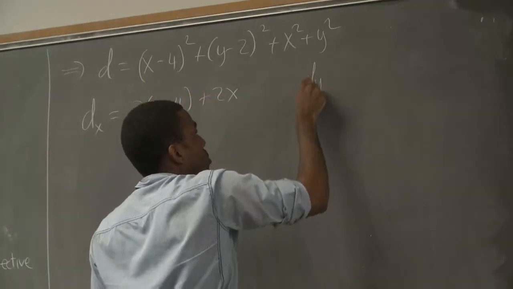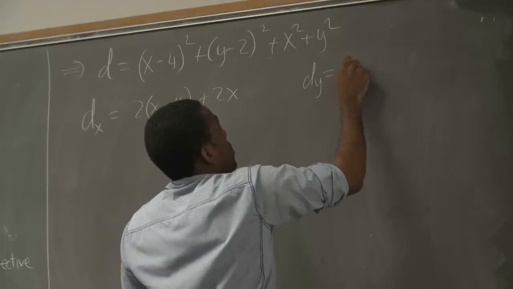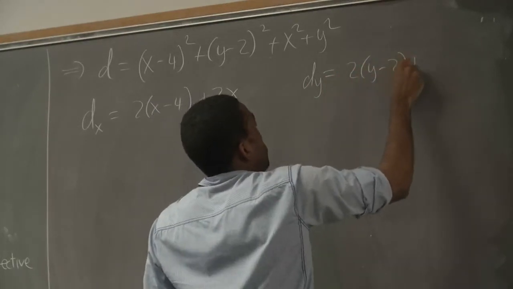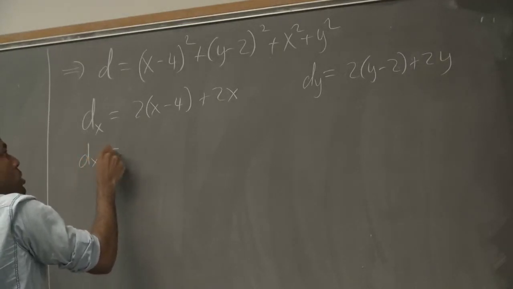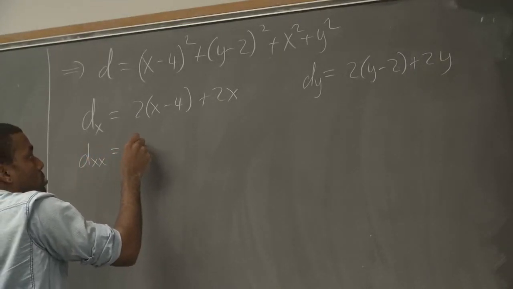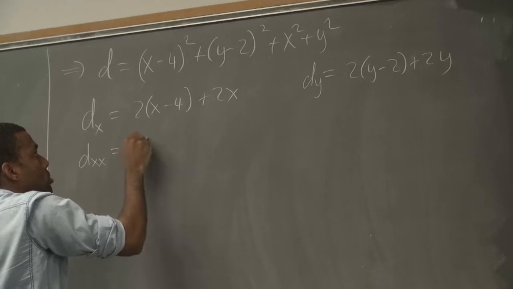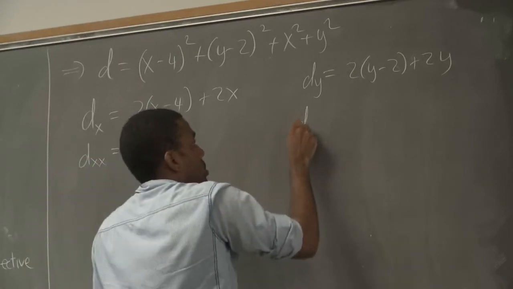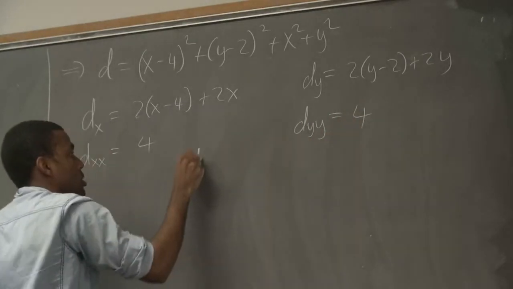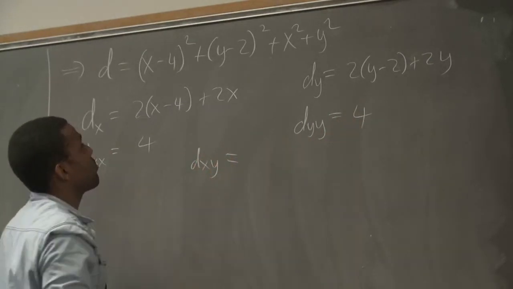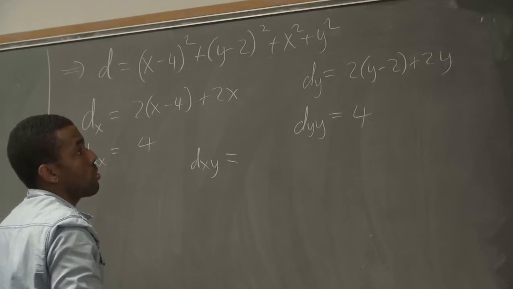D sub y would be 2y minus 2 plus 2y. Dxx would be just 4. Dyy would be 4. Dxy would be 0.